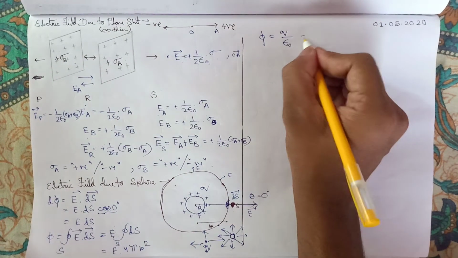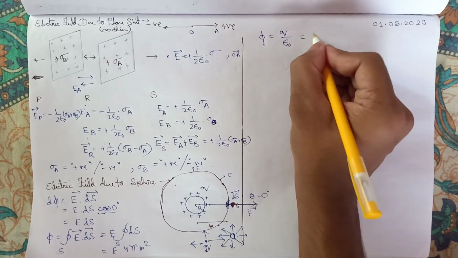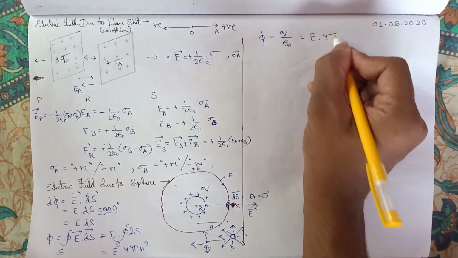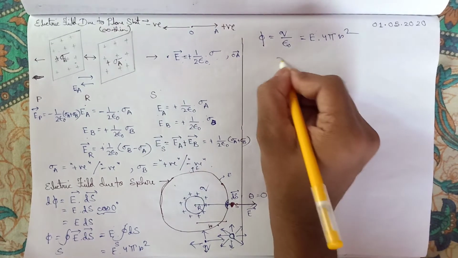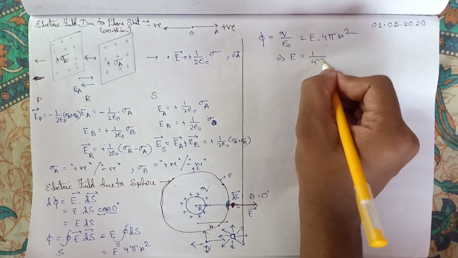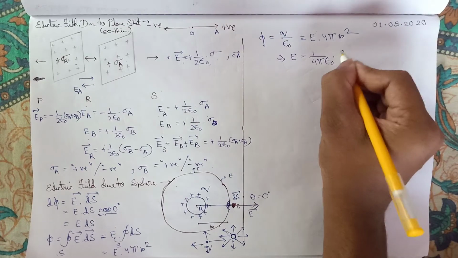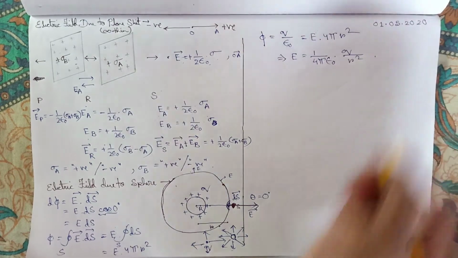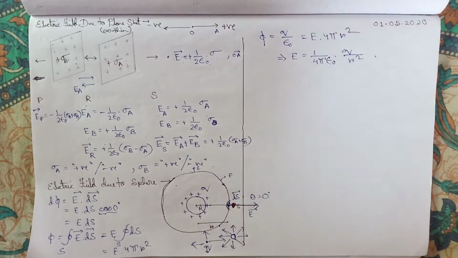So just equate and put that in this equation, and find out E. E will be 1 by 4 pi epsilon naught q by r squared. It is quite known to you.